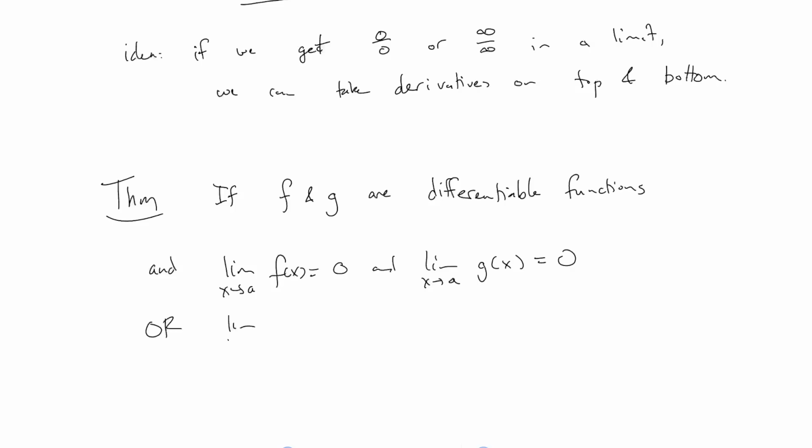if this limit is infinity, and actually it can be plus or minus infinity, and the other limit is also infinity. So these are the two situations when you can use L'Hopital's rule.